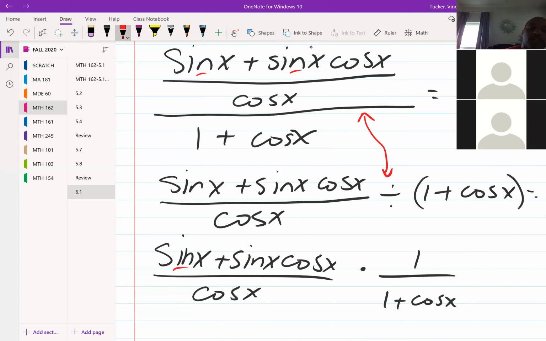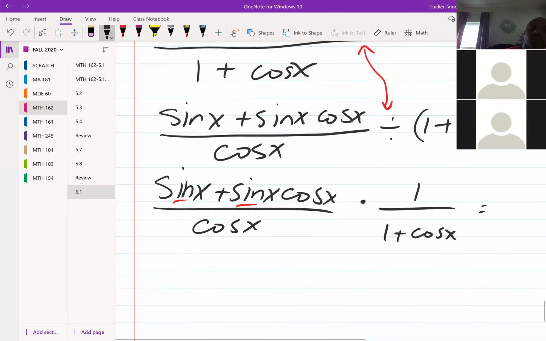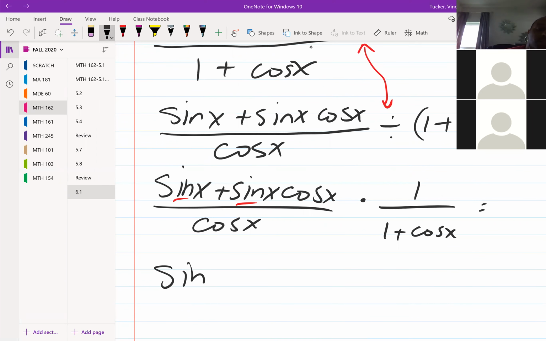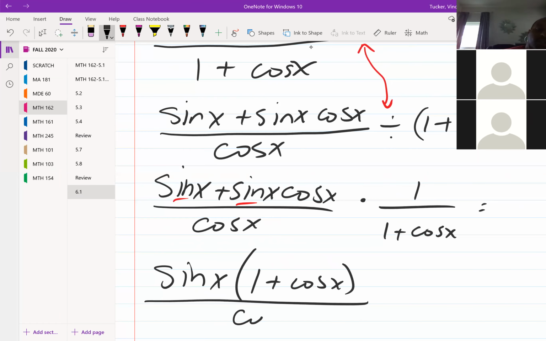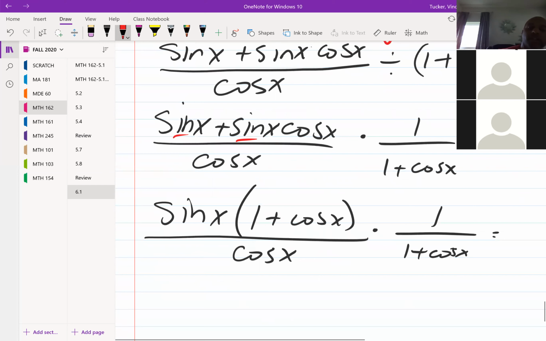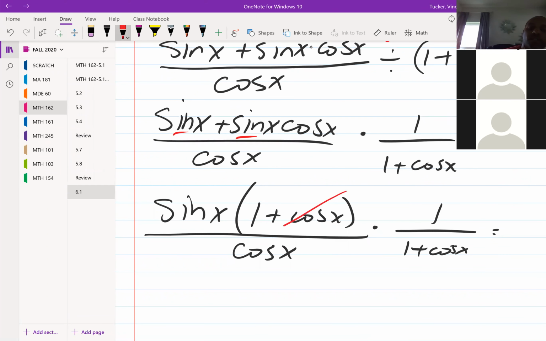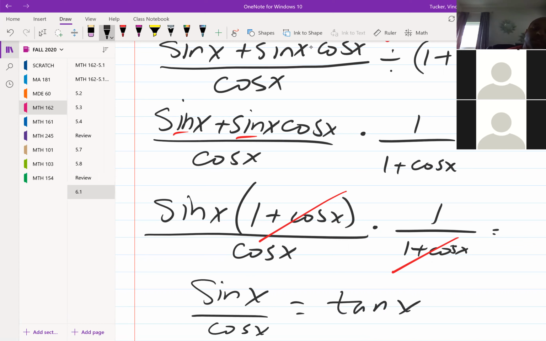Now going back here, I can factor out that sine from each term in the numerator. Now, since we're multiplying, I can cancel out the expression that's in common with the top and the bottom. And that leaves me with sine x over cosine x. And that is equal to tan x, which is what I needed.